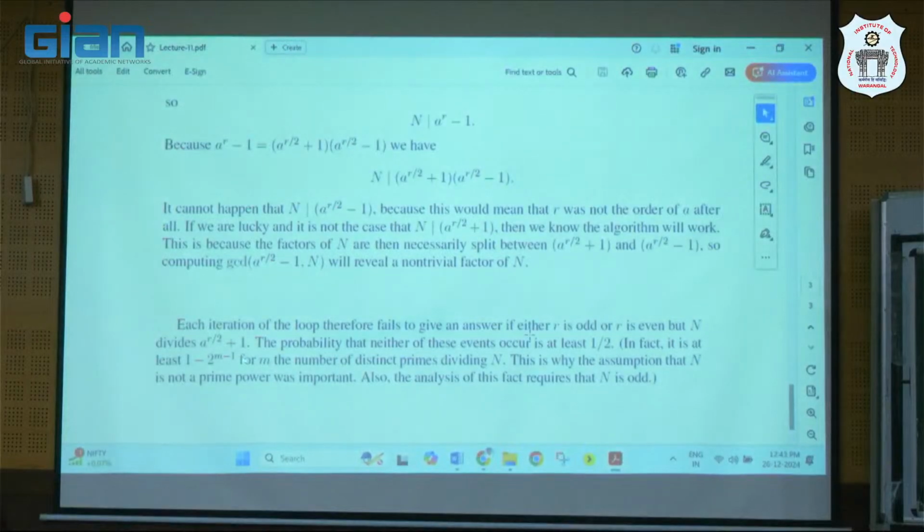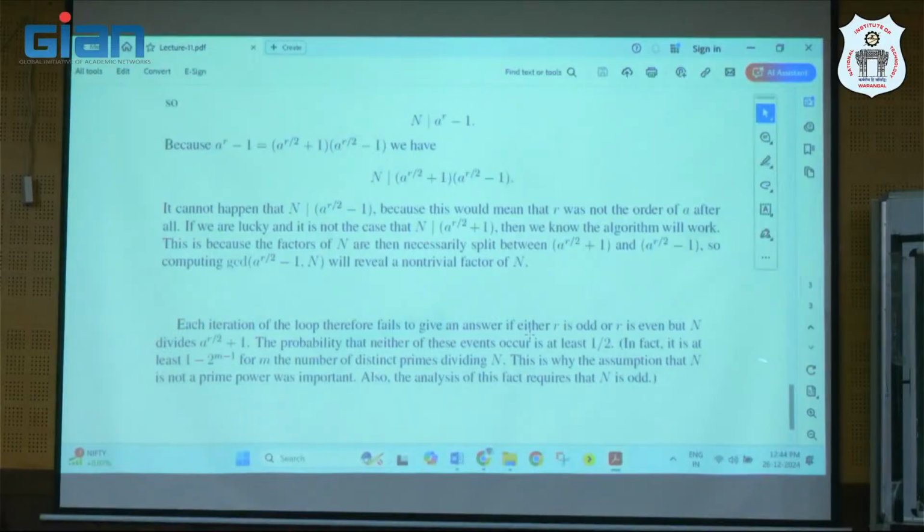If m is at least 2, this is at least half. Because if m is 1, then this will become 0. So that's why we want m to be at least 2, and that's why we are assuming it is not a prime power.